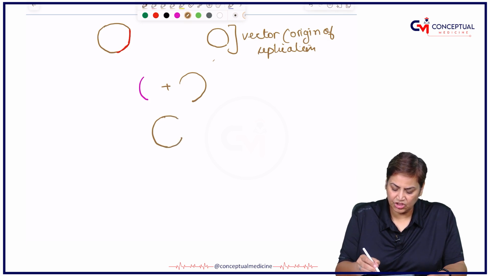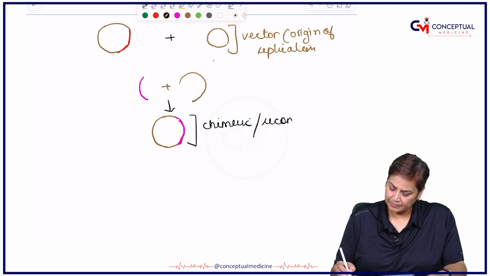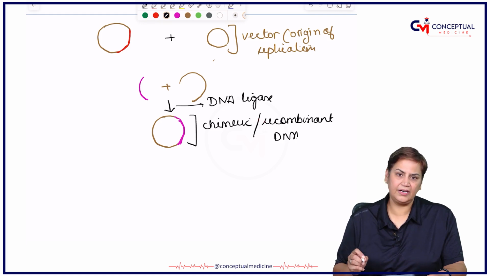This becomes a chimeric DNA, this plus this. This becomes a chimeric or recombinant DNA. And this is done by DNA ligase, which we know is the glue of DNA.